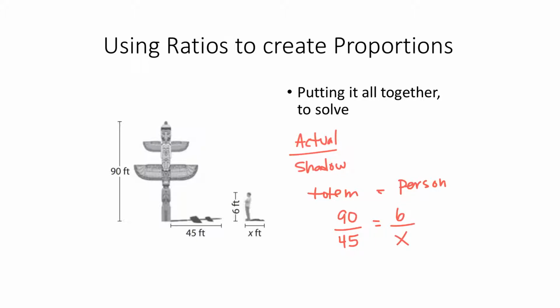So this right here in itself is a proportion. Now we can start to create one-step equations to be able to solve for certain things, or there are other ways that we can do this, and we'll highlight these as we move forward.